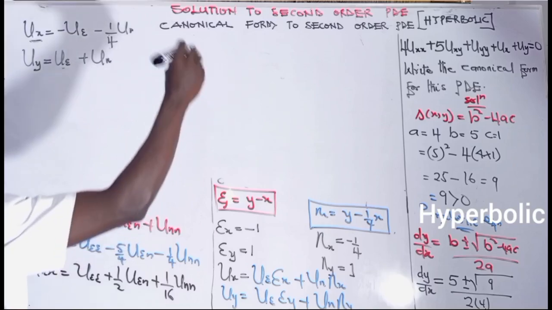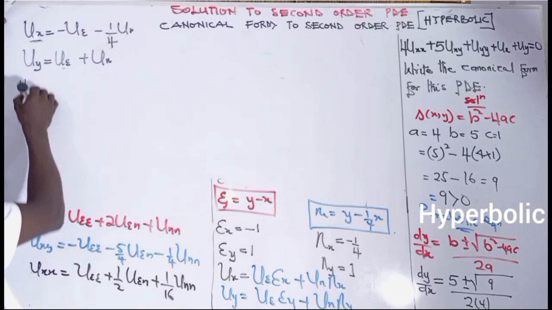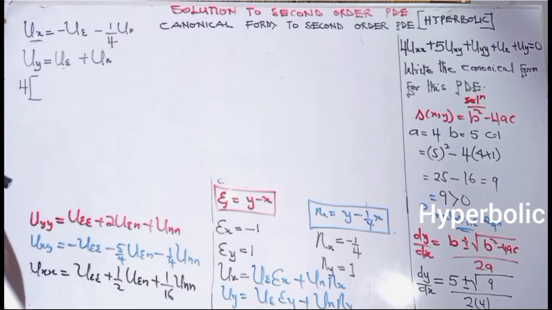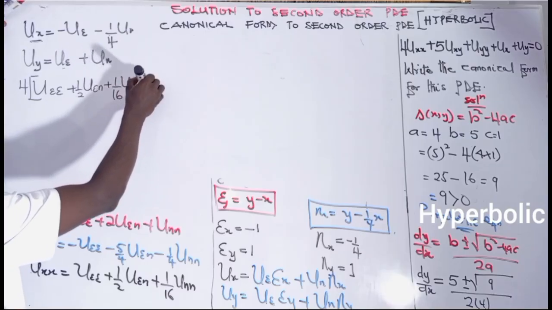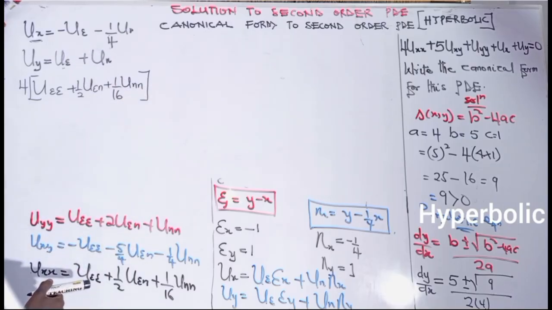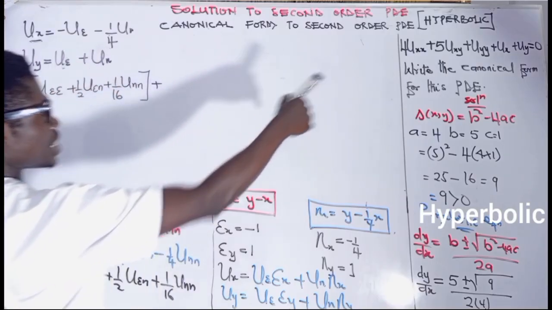So the equation is 4u_xx, so we have 4 u_xx. This is u_xx, so we write the whole of this. We are done with 4u_xx. Now let's move on to the next one, which is 5u_xy.